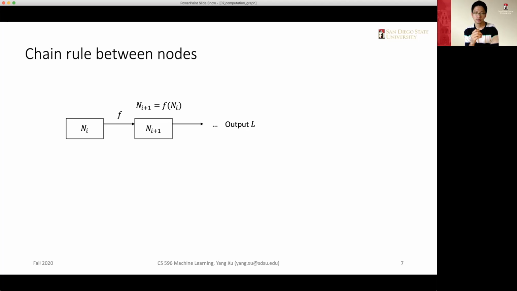So let's say the ni+1 node is the future node, and the ni node is the past node.